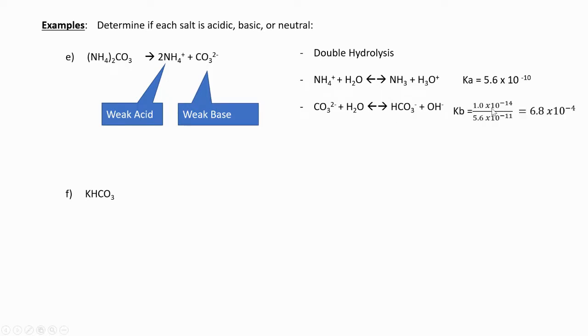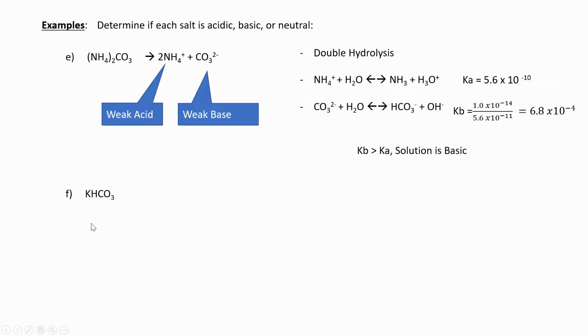So if we look on the table, Kw is 1.0 times 10 to negative 14, and our HCO3 minus, the Ka is 5.6 times 10 to the negative 11. All right, so we do that, 1.8 times 10 to negative 4, and we can see this Kb is larger than the Ka, so the solution is basic.